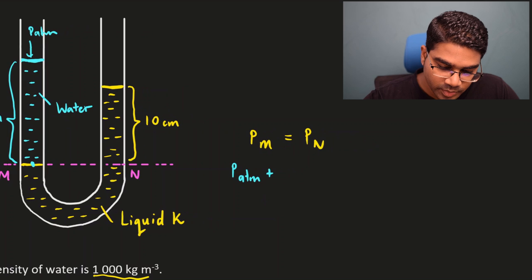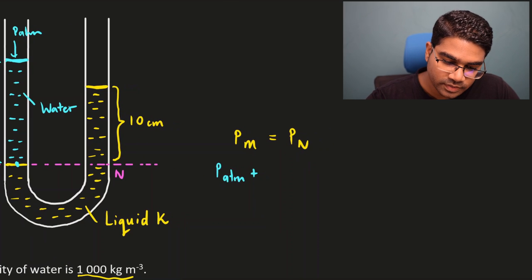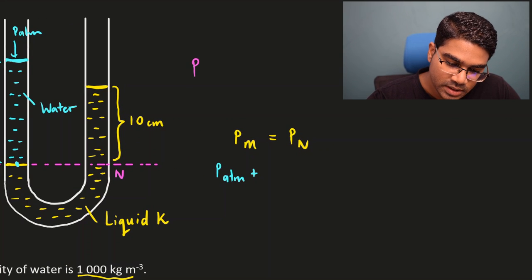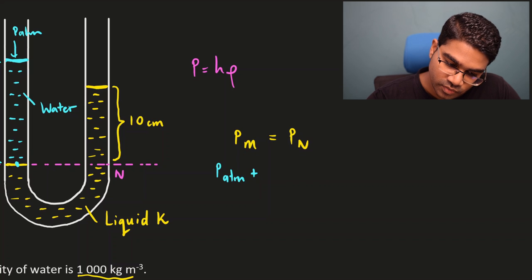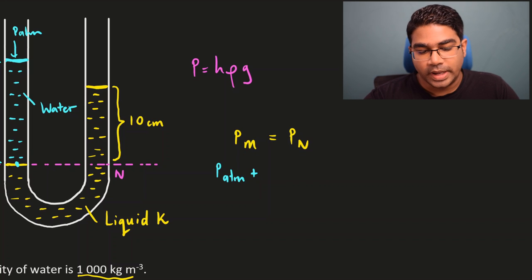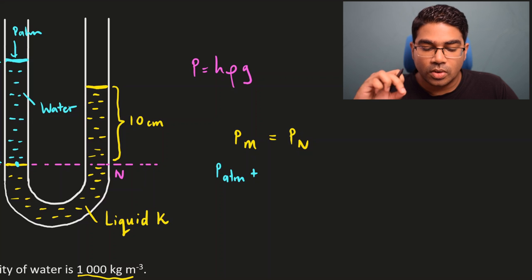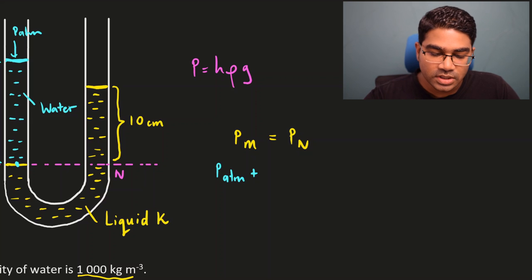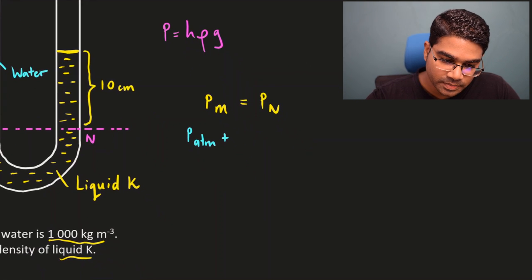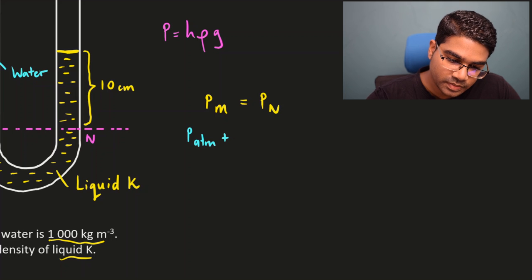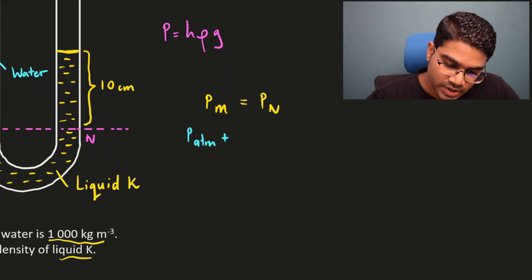So we have the pressure of liquids. Let's just go through the formula for pressure of liquids. P equals h rho g. h is the height, rho is the density of the liquid, and g is gravitational acceleration. So let's write that, plus pressure of water.